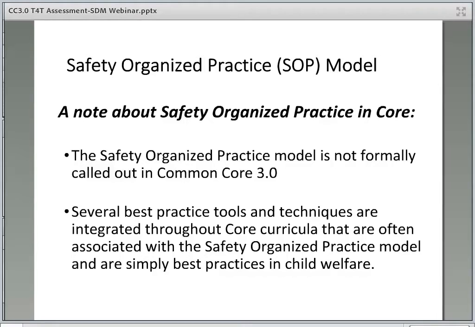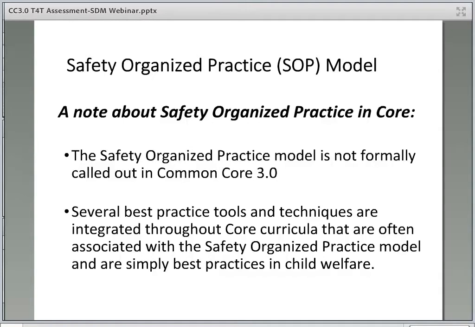SOP uses strategies and techniques that align with the belief that a child and his or her family are the central focus, and that the partnership between the agency and the family exists in an effort to find solutions that ensure safety, permanency, and well-being for children.